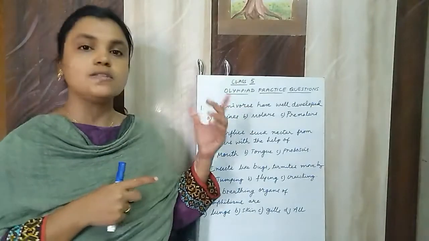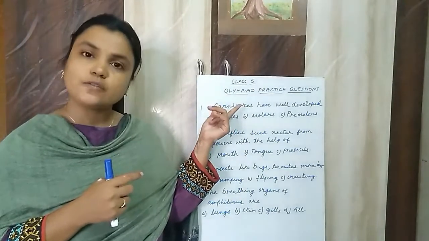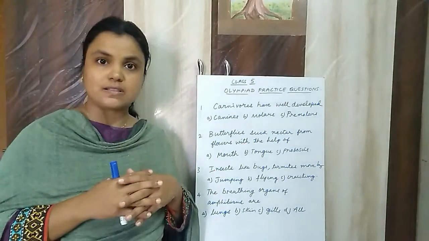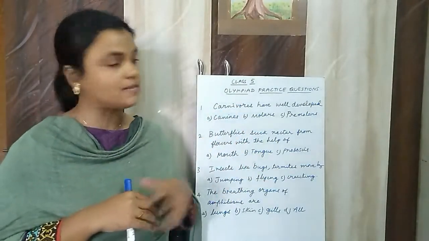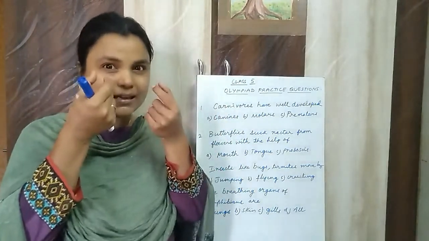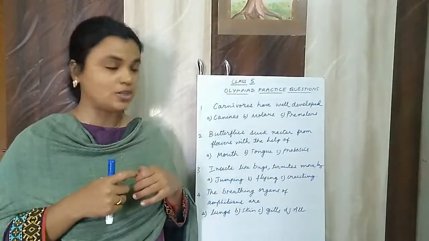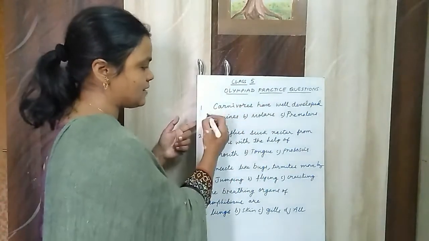So carnivores are meat eating or flesh eating animals. They depend on other animals. They eat the flesh or meat of other animals. The particular set of teeth they have well developed is canines.